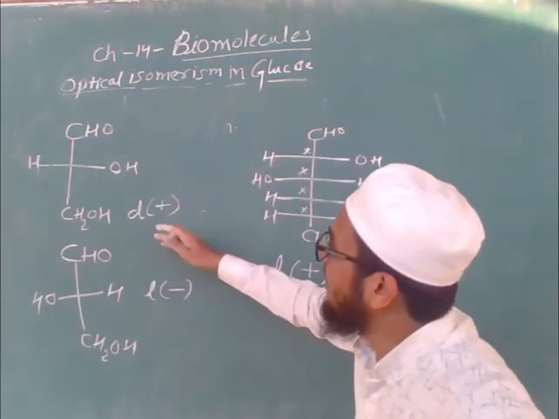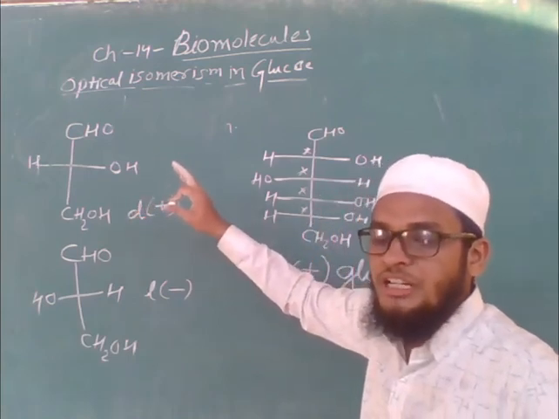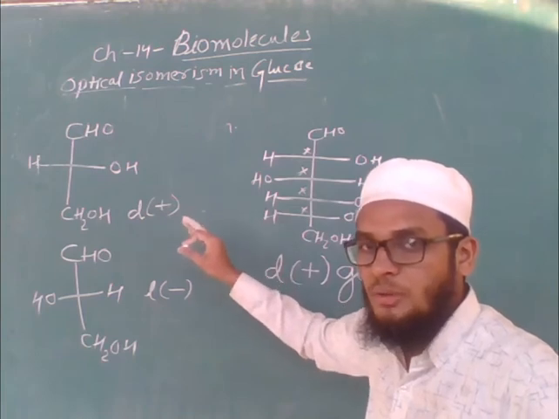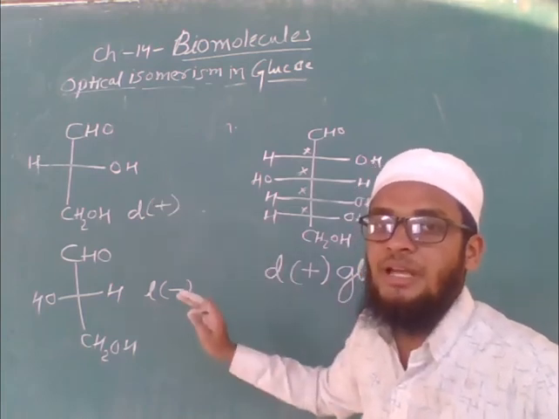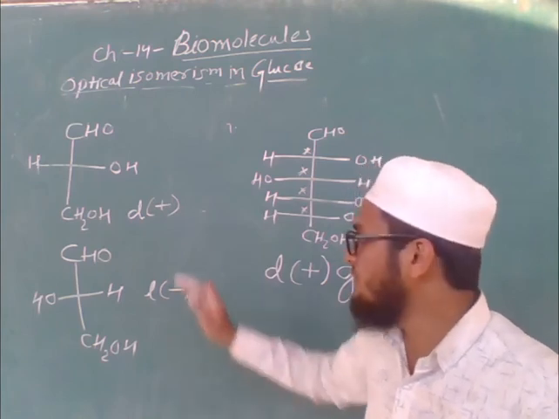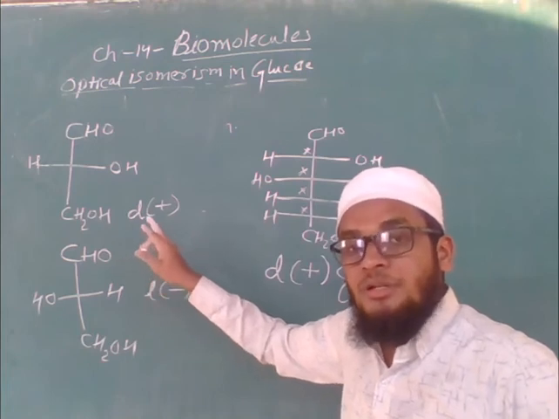So this is the property of glyceraldehyde, to rotate plane polarized light either in a clockwise direction or anti-clockwise direction. So this glyceraldehyde is showing optical isomerism because this glyceraldehyde and its mirror image have two different properties.